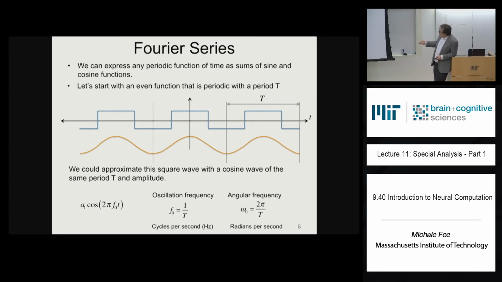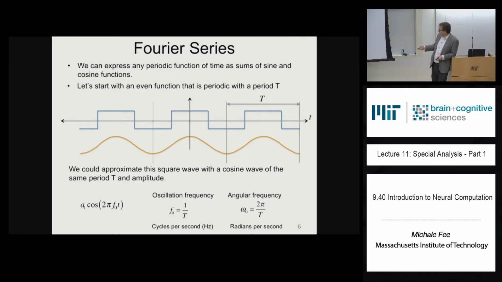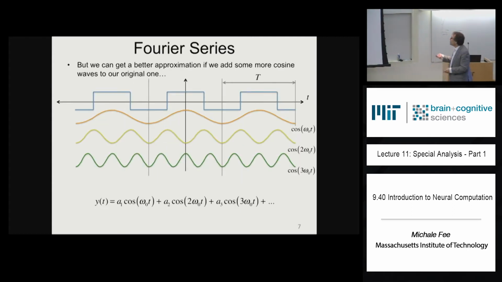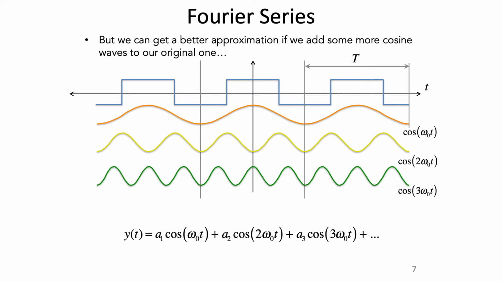We often use this different representation of frequency, which is usually called omega, which is angular frequency, and it's just 2 pi times this oscillation frequency, and it has units of radians per second.